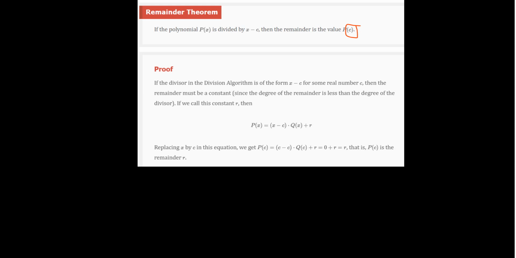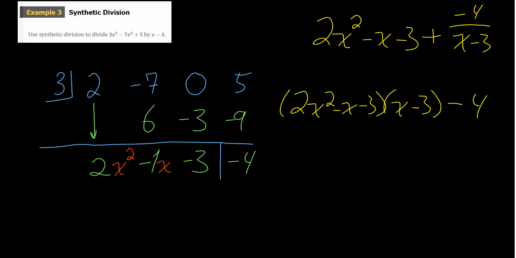So if you recall in the previous section, I said these four statements are equivalent. It's essentially saying, if we divide some polynomial by the divisor x minus c, then the remainder is going to be the exact same value. The remainder is going to be the exact same as the polynomial evaluated at negative 4.